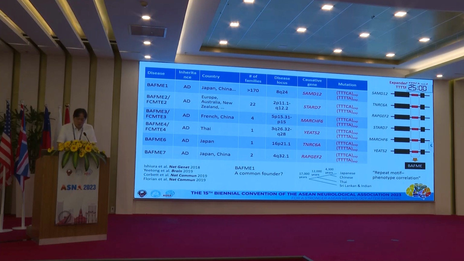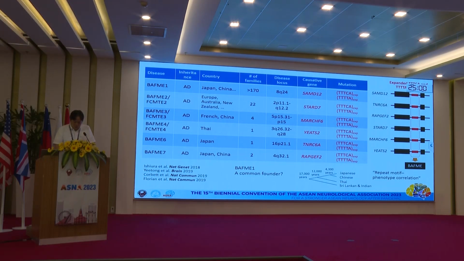So in summary, in Bachman there is an intronic TTTCA repeat expansion. There is a strong correlation between repeat motif and phenotype. Subsequent studies suggest that Bachman type 1 was found in China, Thailand, Sri Lanka and India.